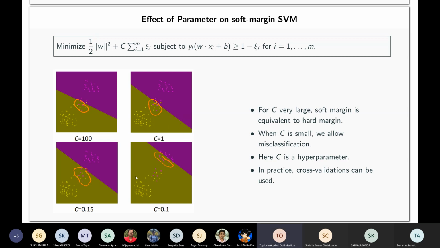These are the effects of the various values of the penalty term. Keeping C very high, it means that you want very few to be misclassified. In other words, you are believing that maybe the problem does not have any noise. Okay, so that's why you are very harsh on that.